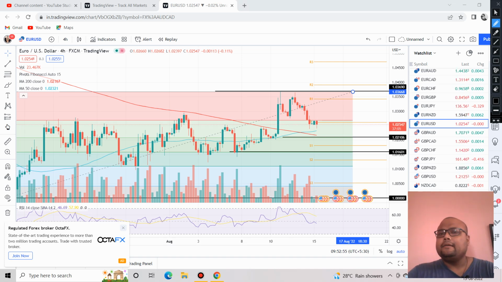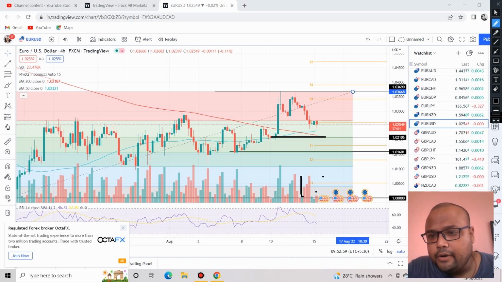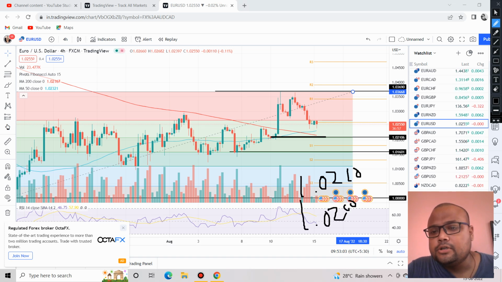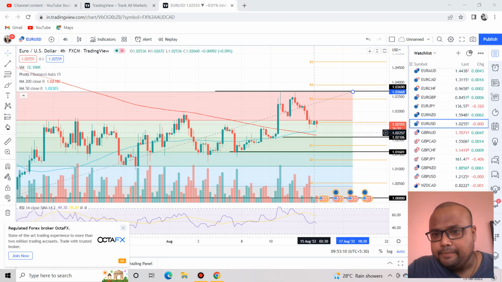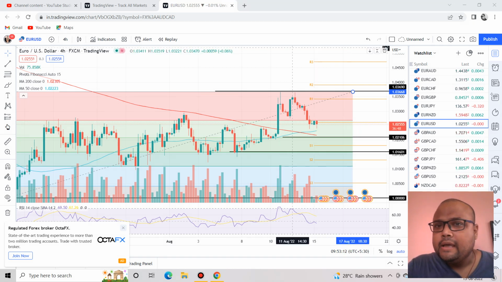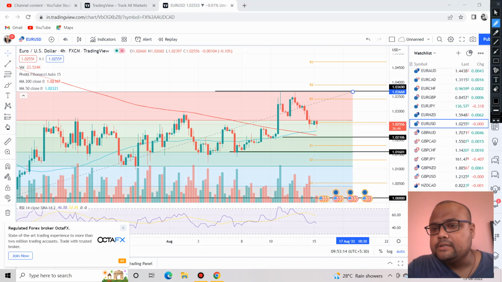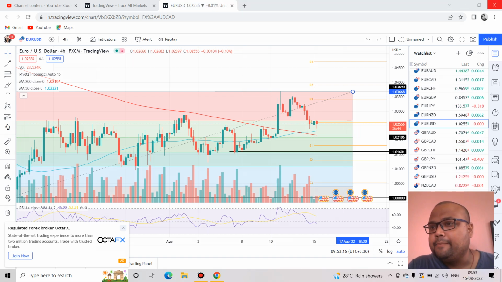I think the best support level is around 1.0210 to 1.0200. This is the best support zone for me. If the market comes down to this level and bounces, I'll definitely consider a buy position here.